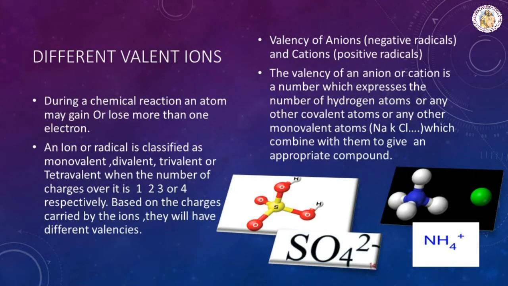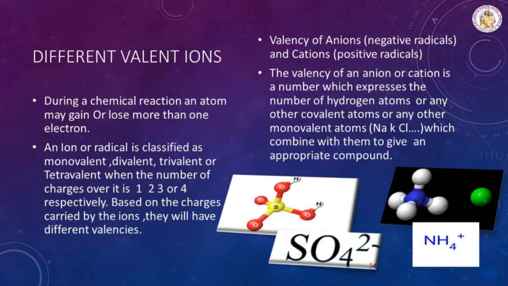Different valent ions. During a chemical reaction, an atom may gain or lose more than one electron. An ion or radical is classified as monovalent, divalent, trivalent, or tetravalent when the number of charges over it is 1, 2, 3, or 4 respectively.